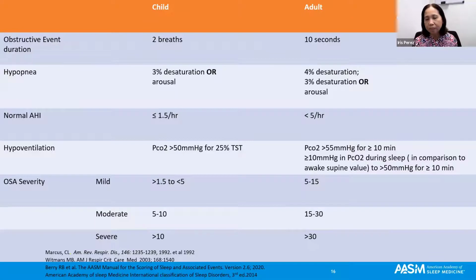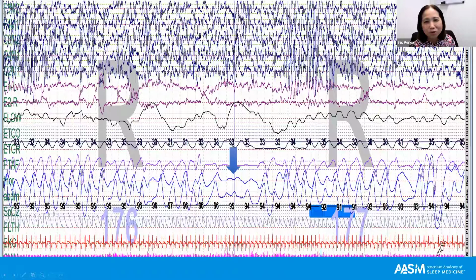And so it's important to know what type of scoring is used when interpreting these sleep study reports. So this is an example of an obstructive hypopnea in a child showing at least 2 missed breaths, the presence of paradoxical breathing, and associated oxygen desaturation from a baseline of 96 to a nadir of 91%.